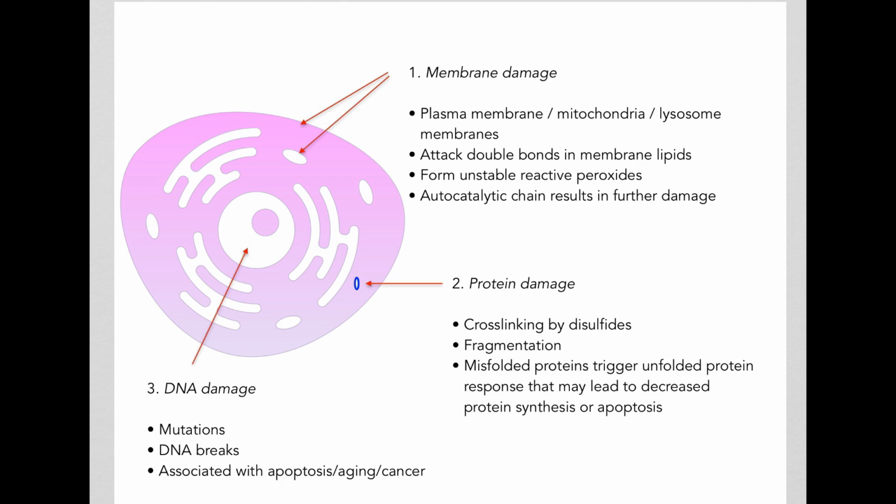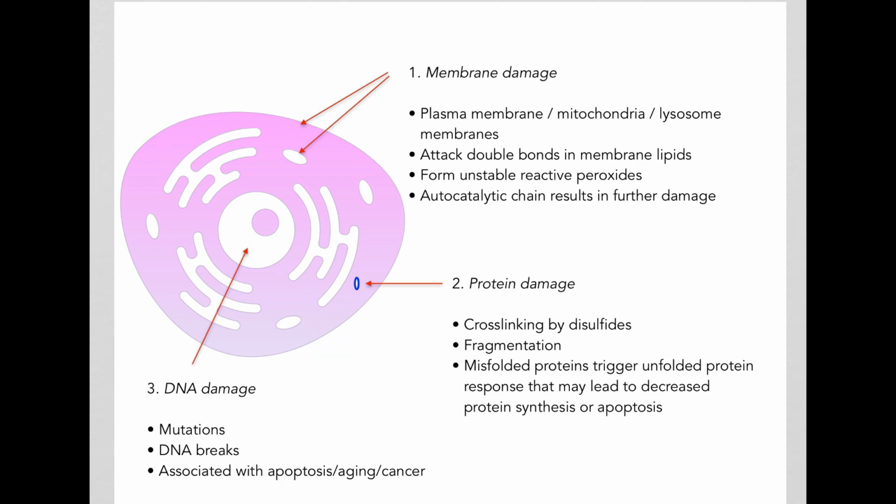However, there are three important aspects that we have to look into when we look at cell injury, and this is how these free radicals attack membranes, how these free radicals attack proteins, and the attack on DNA.